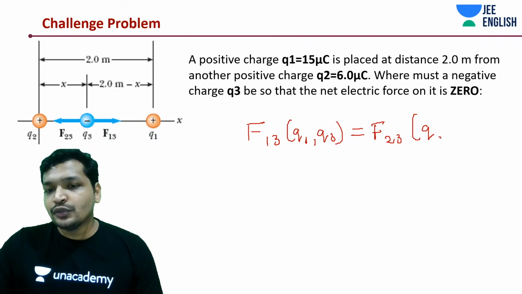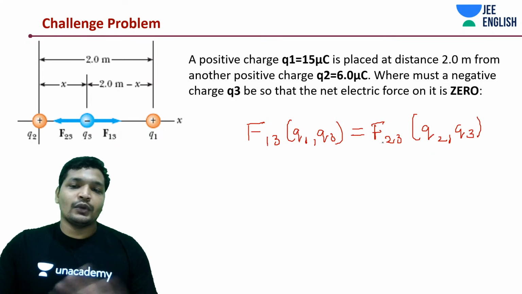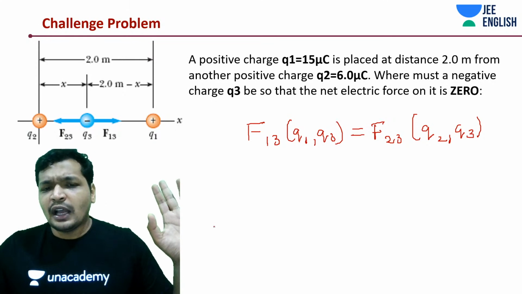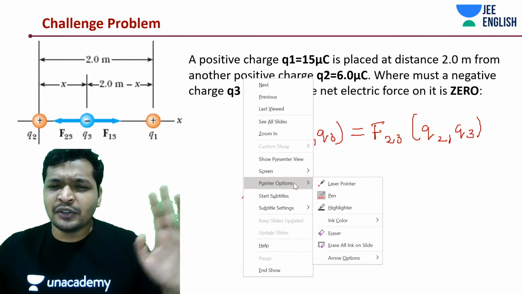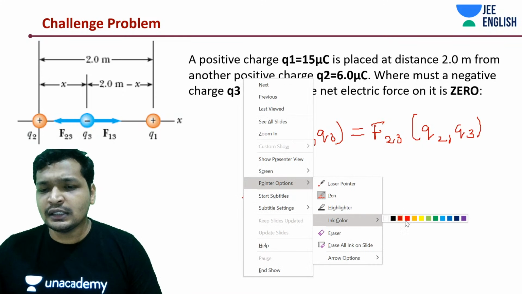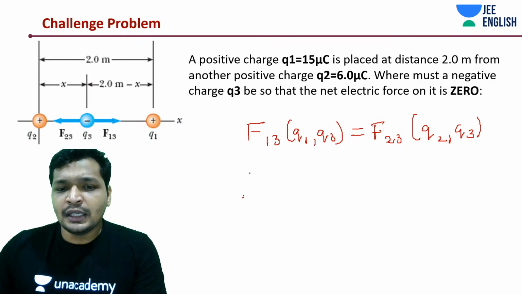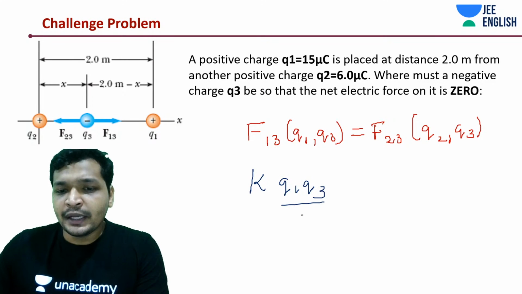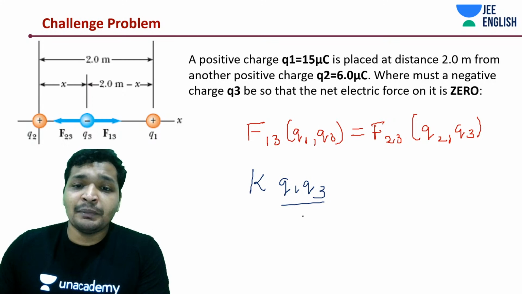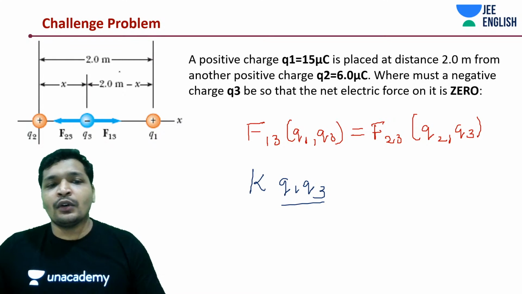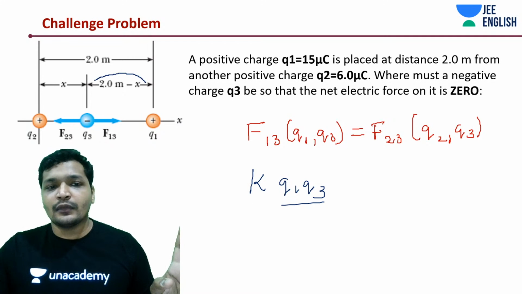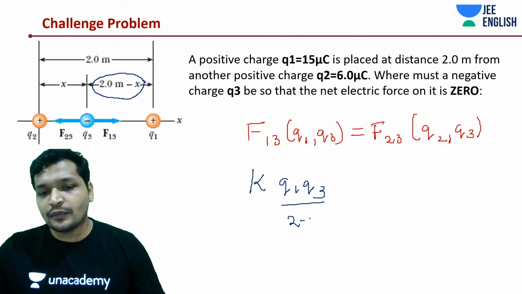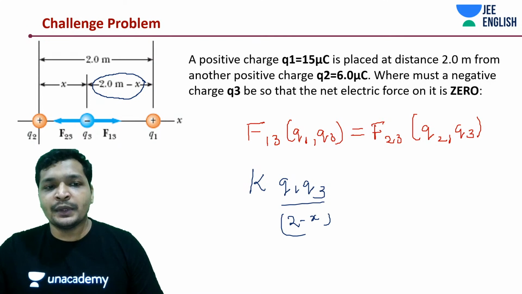Just for your understanding, from Coulomb's law, I can write it down as K into Q1 Q3 divided by, let's go by the diagram, between Q1 and Q3 it's 2 minus x. If this total distance is 2 meters, this is going to be 2 minus x.